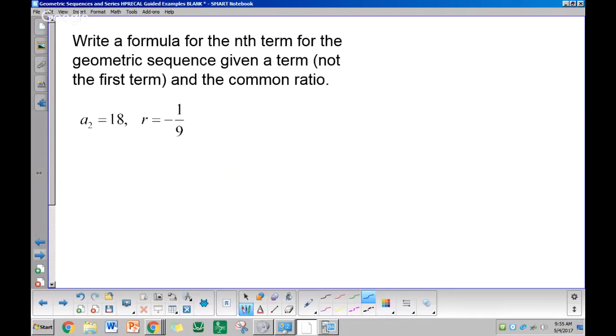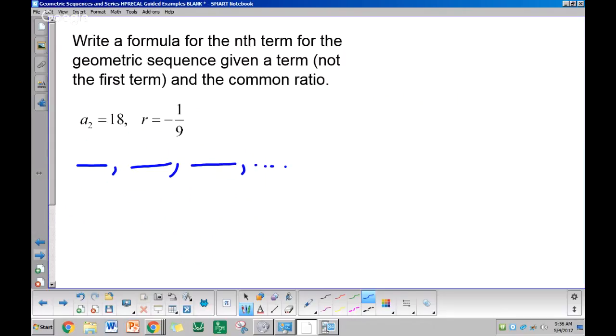Boom, next. But things in life aren't always that simple. So let's find a formula for the nth term of the geometric sequence given a term that's not the first one and the common ratio. You could replace a sub n with 18 in this case.